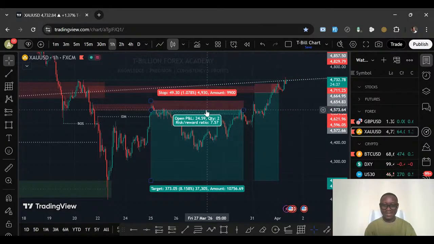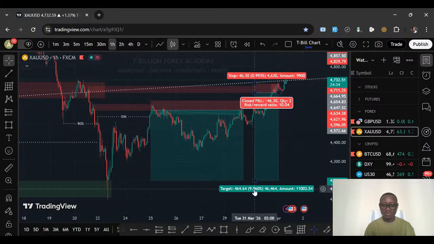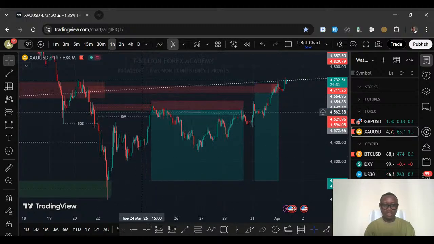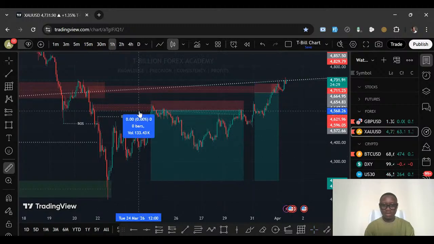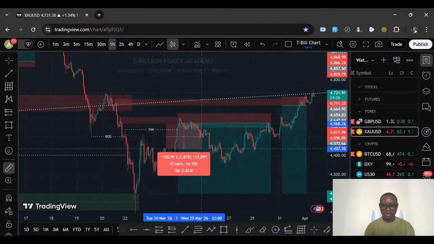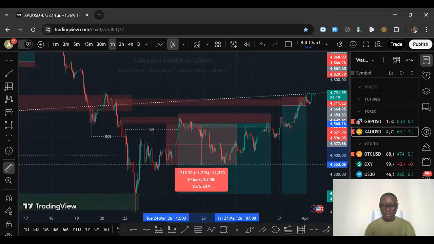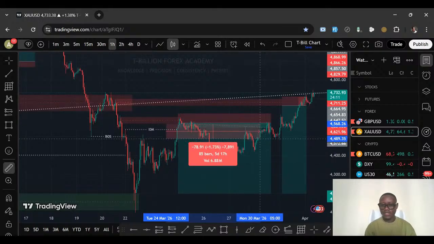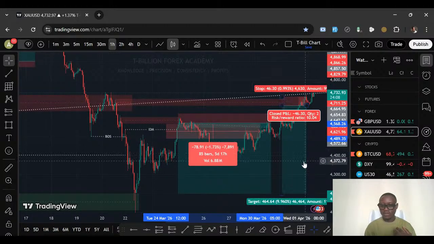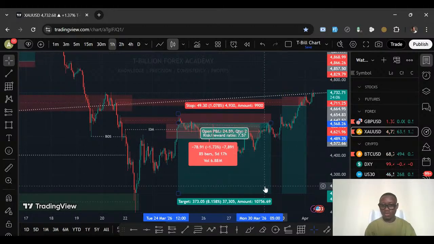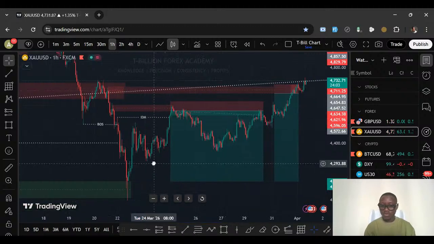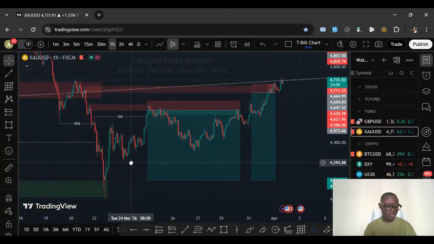But we hit an SL on this after price had moved about 2,150 pips in profits. Price went back and hit our SL. Now that is fine, that is okay. This was supposed to be a 1:7 risk to reward ratio, and you know how we trade right here at T Billion Forex Academy.